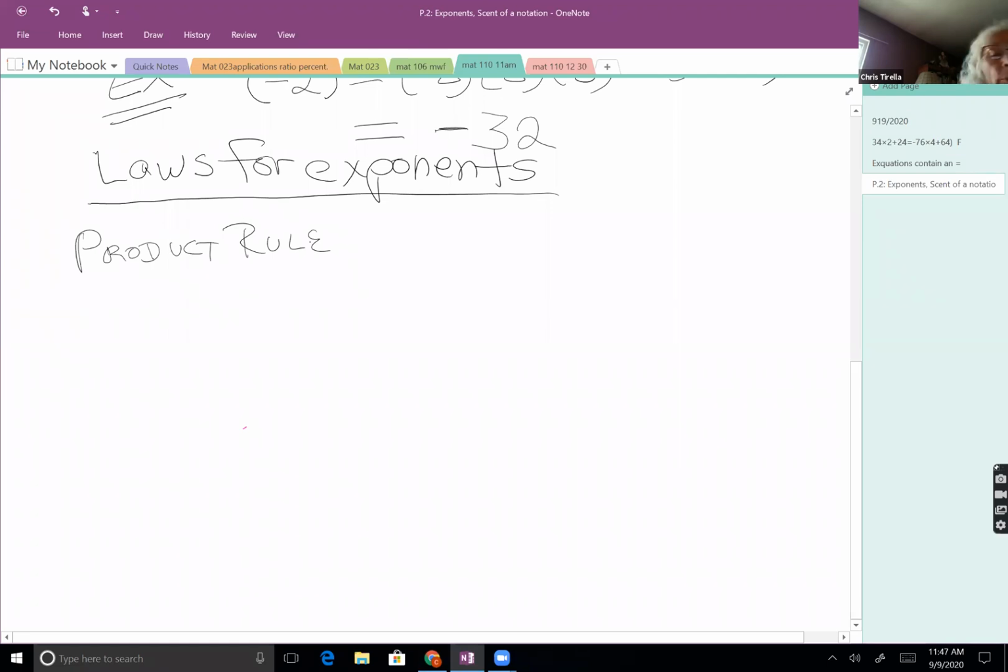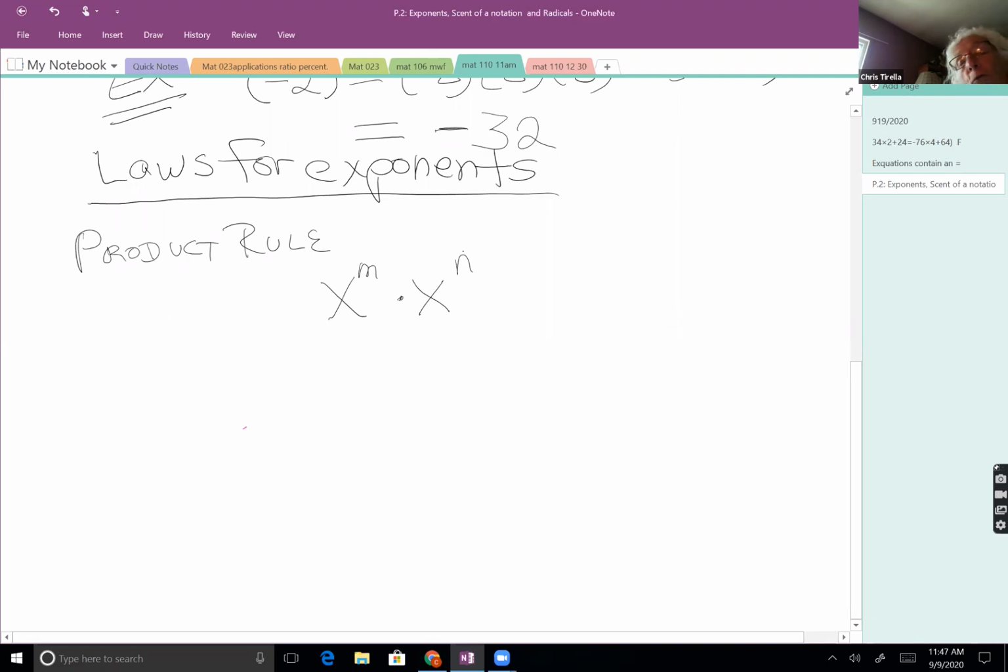Product means what operation? Multiplication. So the product rule is going to hold if I have something like x to the m times x to the n. And I'm positive that some of you are familiar with this rule.